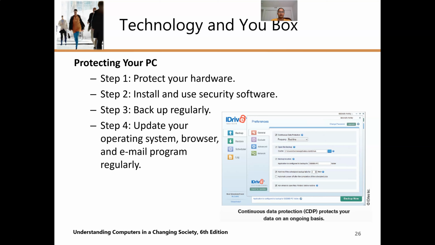Let us see some of the steps for protecting your PC. Step one is protect your hardware. Have a rugged case if you can find one, or if you are not comfortable using such thick ones, at least have a protective case on top of your laptop and mobile phones.